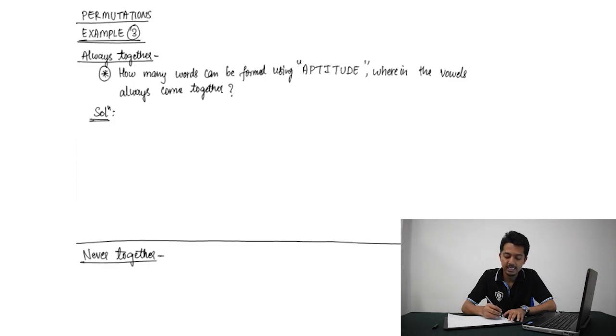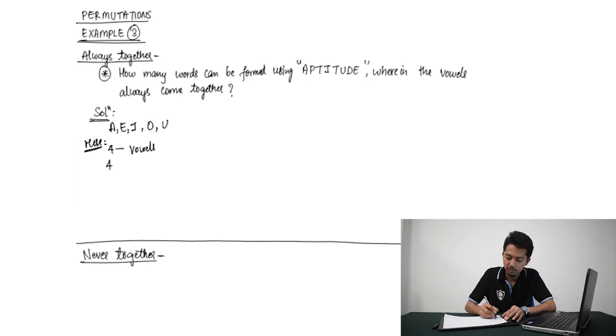We know that the vowels are A, E, I, O and U. Here APTITUDE contains 4 vowels and 4 consonants. But in consonants we have 2 repeated T's. To solve this problem, we will consider all the vowels to be one letter.